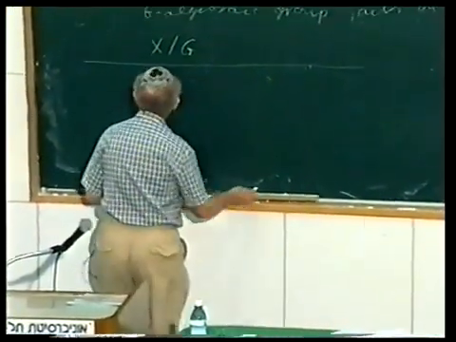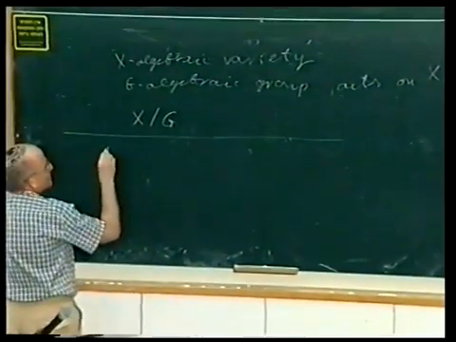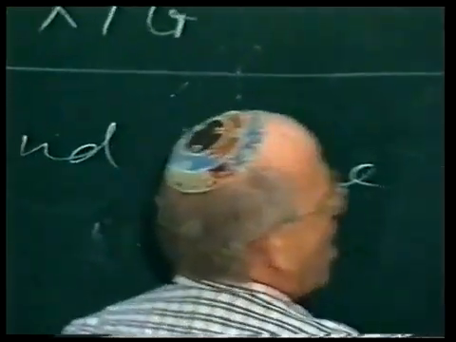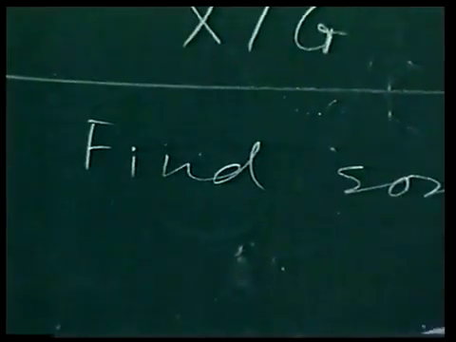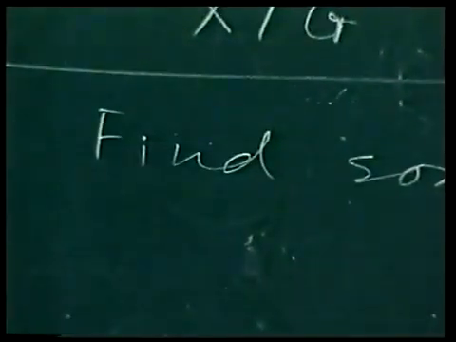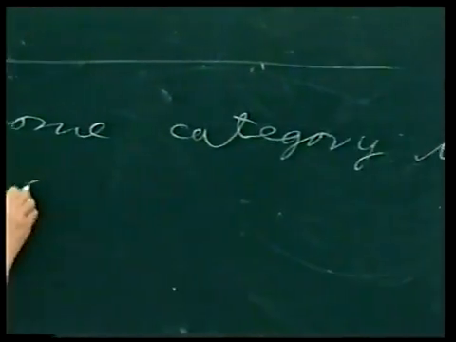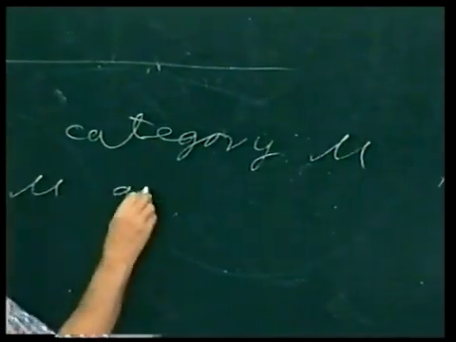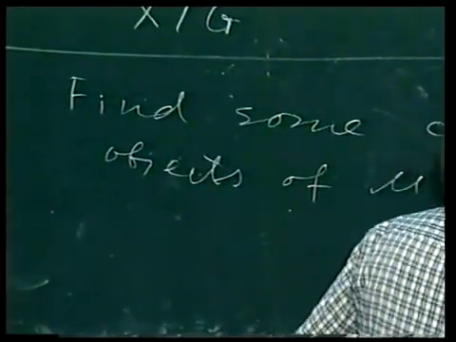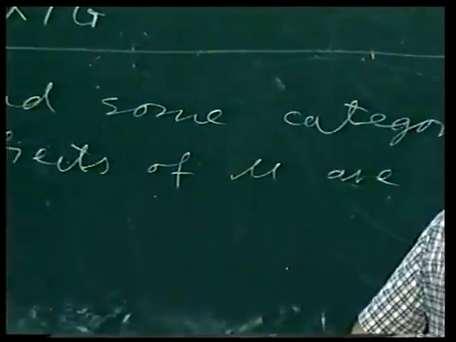What does it mean? We consider some category M such that objects of this category M are parameterized by a finite number of parameters.